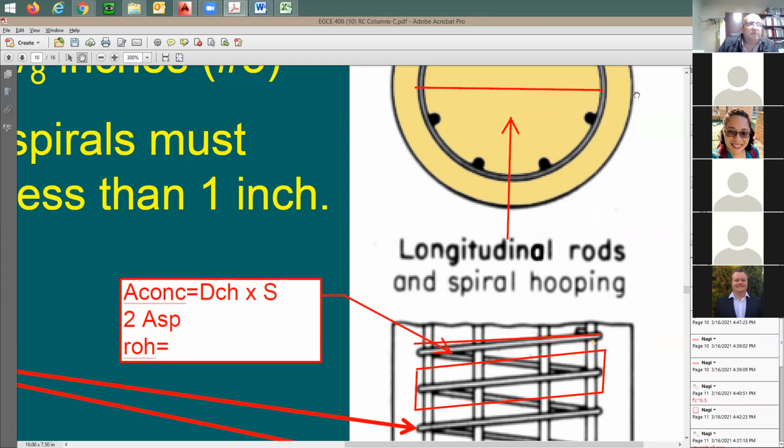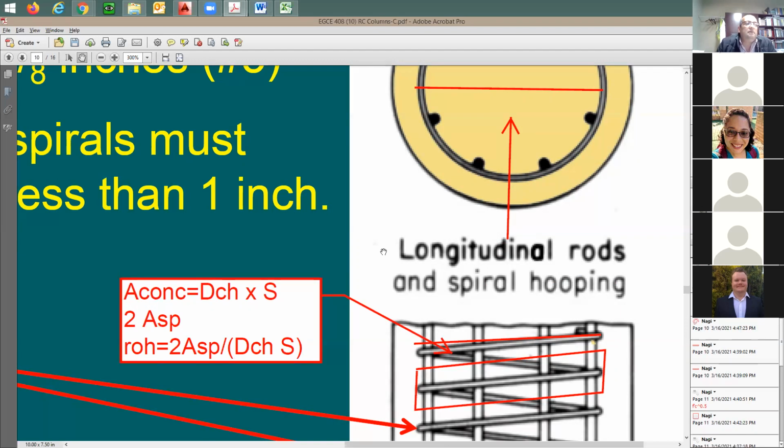In this direction, when you cut the section this way, it's equal to 2 Asp divided by Dch times S. Does it make sense now? Yes. Thank you. I divide the cross-section area of the spiral by this concrete area.